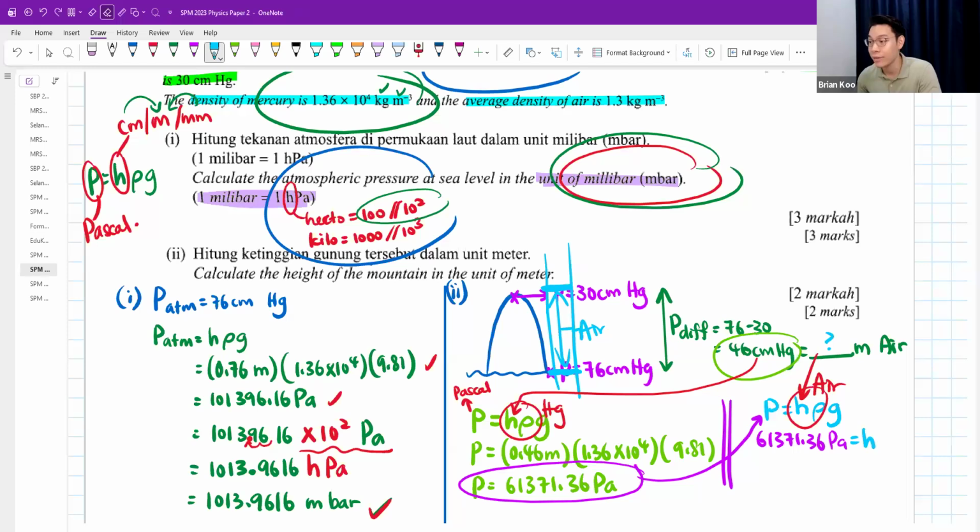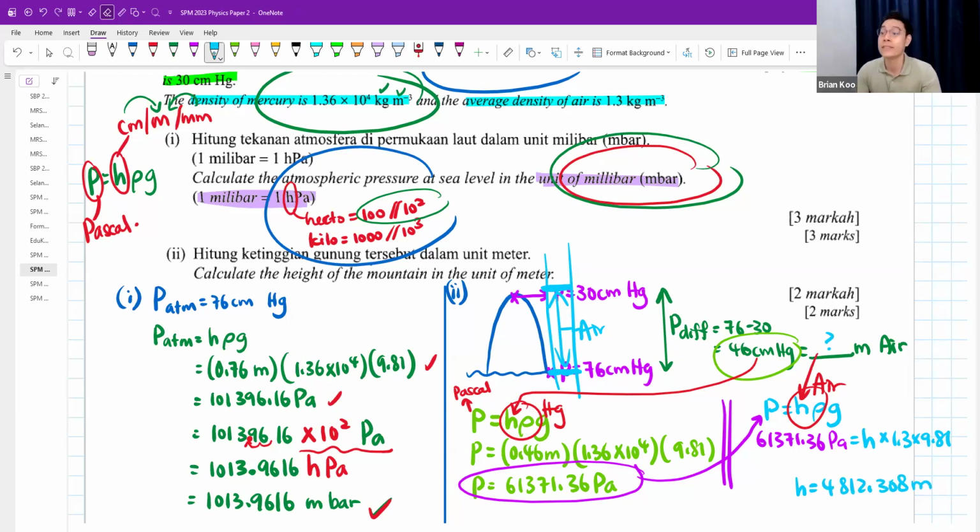The density of air is 1.3, g value 9.81. So you divide everything over, and you can find H. The answer is 4812.308 meters.